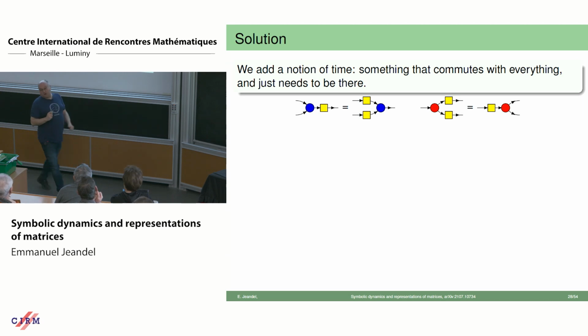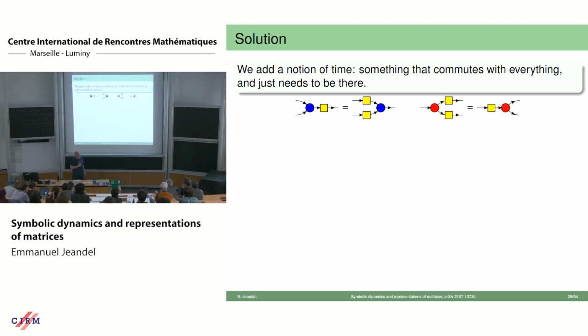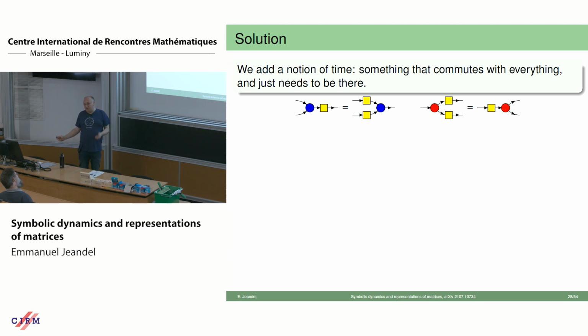So the morphism will be represented by the yellow square, and the only important thing about the yellow square is that it's there. You don't need it to be at some point, you just need it to be there. So for instance, if it's there after the blue node or before the blue node, it's the same. It just needs to be there to mark that there is a unit of time.